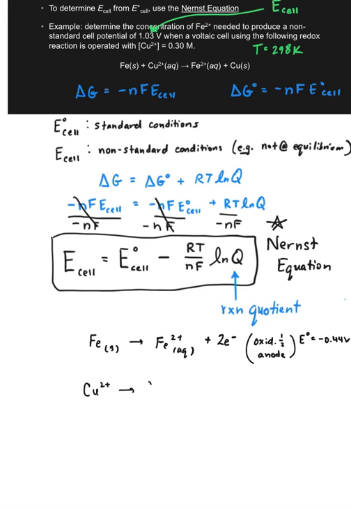Somehow copper 2 becomes copper solid. Atoms are balanced, we just need to balance charge. We add 2 electrons to the left-hand side of this reaction. This is indeed our reduction half reaction because electrons are gained. The standard reduction potential for copper, if we looked it up, would be positive 0.34 volts.